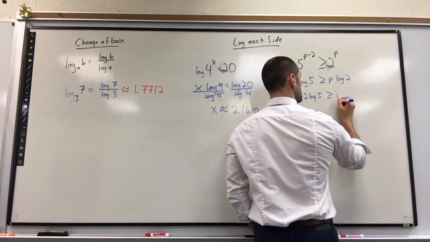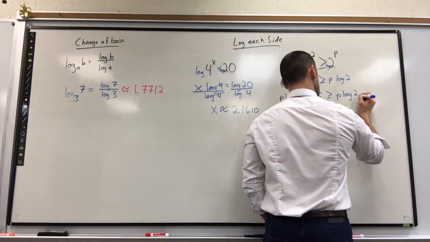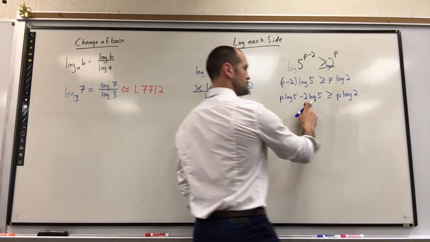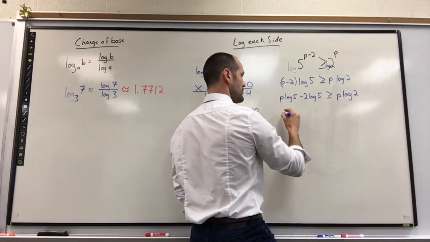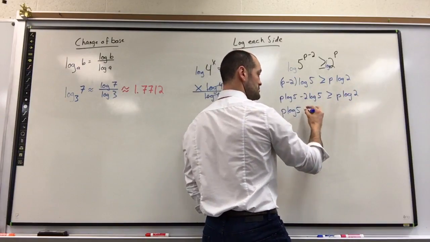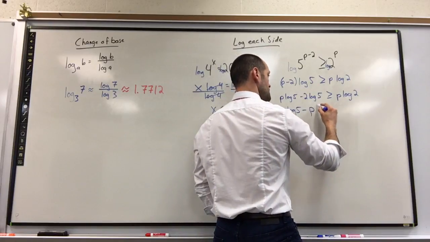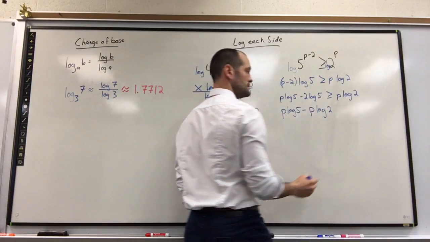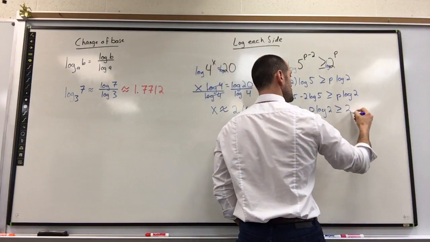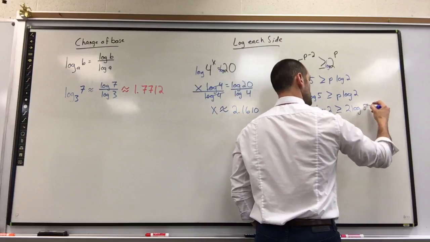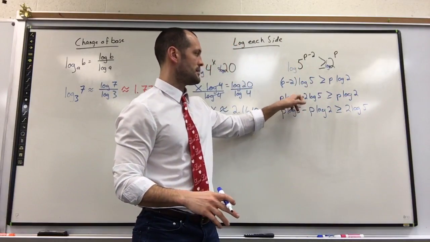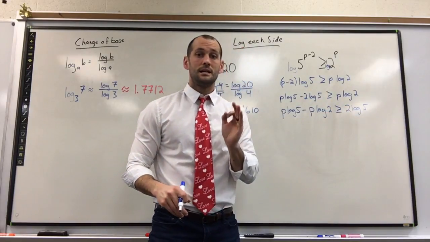Greater than or equal to p log 2. Going okay? Now, I'm going to do a little switcheroo here. I'm going to bring the p log 2 over here, making it p log 5 minus p log 2. To bring it over, I had to subtract it. I'm going to bring the other term to the other side by adding it, so now we're greater than or equal to 2 log 5. Essentially, I subtracted this to bring it over here, and I added it to bring it over there.